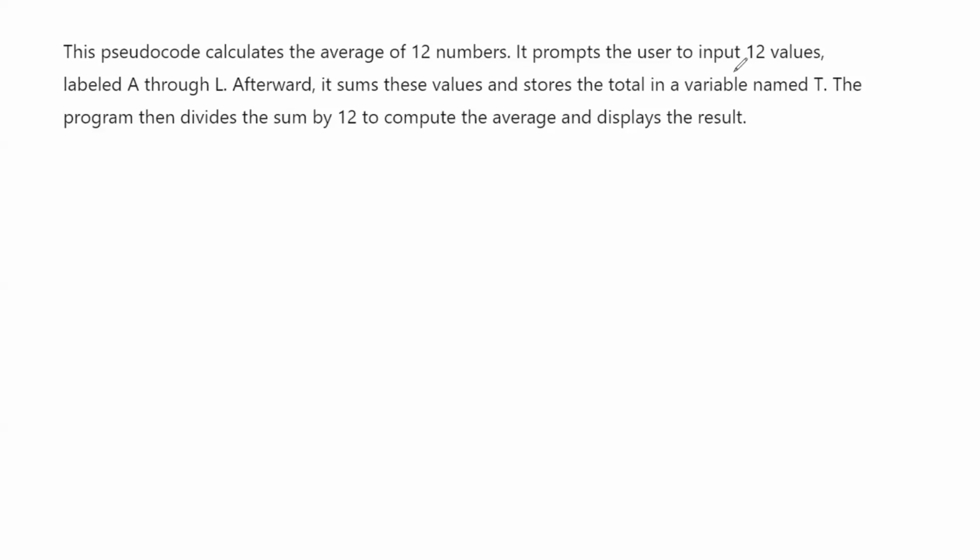It prompts the user to input 12 values labeled A through L. Afterward, it sums these values and stores the total in a variable named T. The program then divides the sum by 12 to compute the average and display the result. Do you understand? Don't write, I will send you this one. You got it?